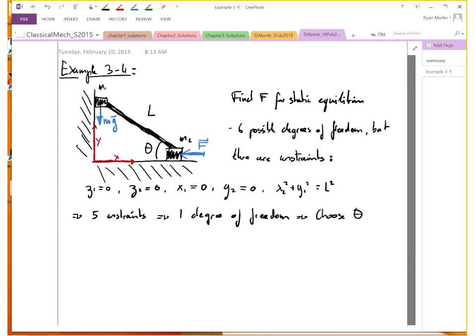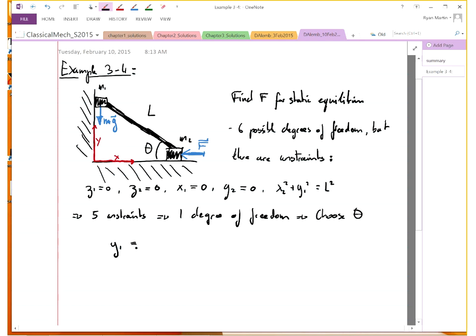So we need to write the positions of the masses, x1, y1, z1, x2, y2, z2, in terms of theta. Now for mass m1, z1 is always 0, and x1 is always 0, so we only really need to write down y1.